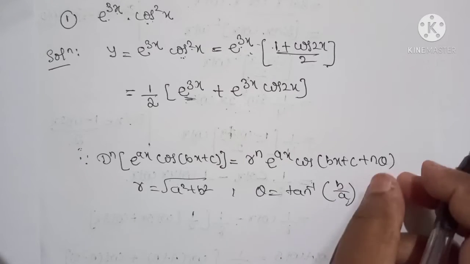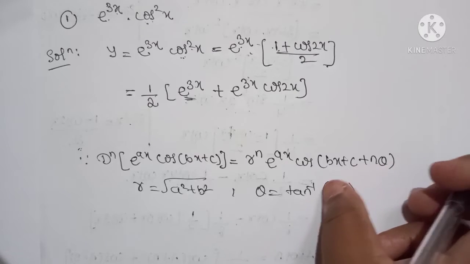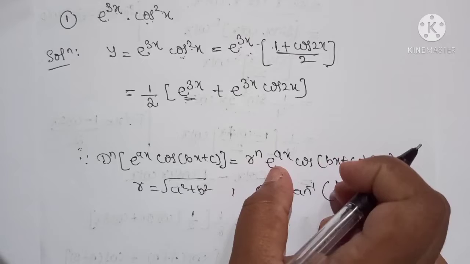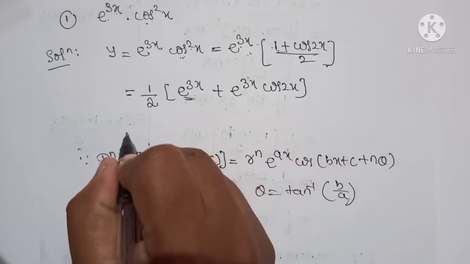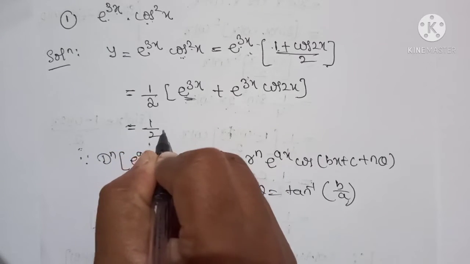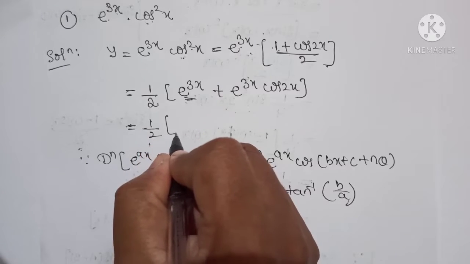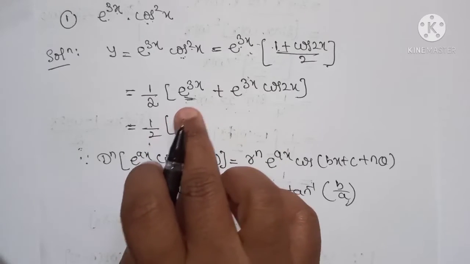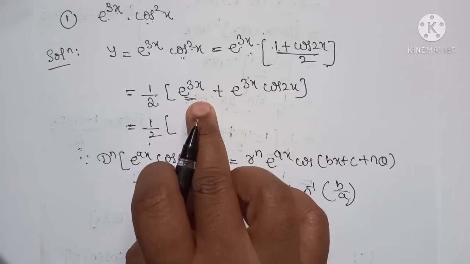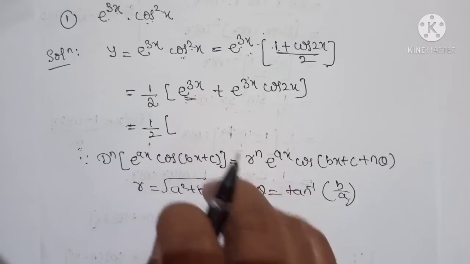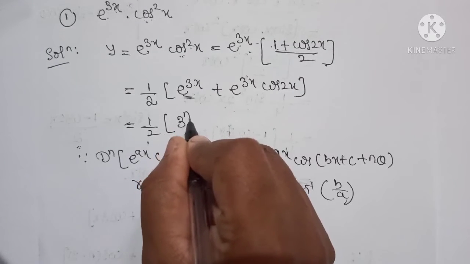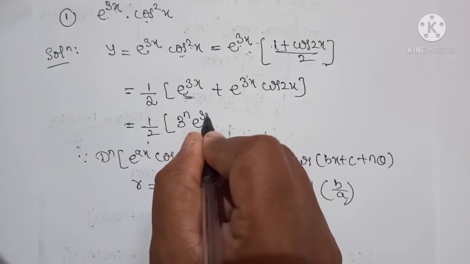You can directly substitute tan inverse of b by a, and r equals the square root of a square plus b square. Therefore it is 1 by 2. Also, the nth derivative of e raised to ax is a raised to n into e raised to ax, so we get 3 raised to n e raised to 3x.